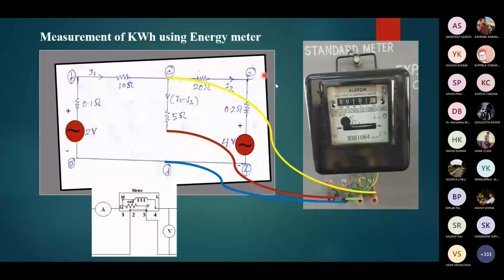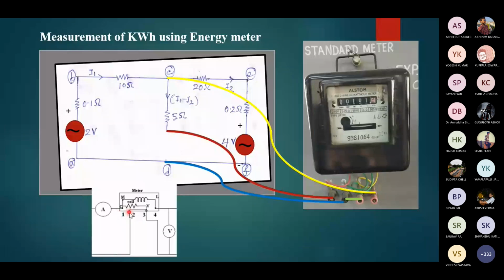Another one is the energy meter. So here energy meter also you can see over here. I think the faculty concerned for this experiment will explain you elaborately, obviously. So here also again the AML CB points are there, 1 2 3 4 you can see over here.